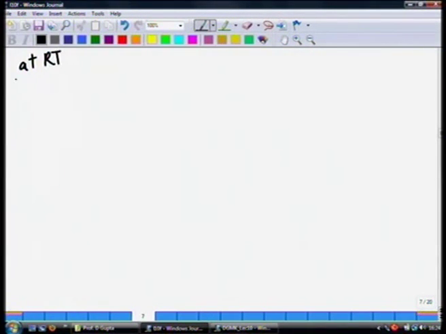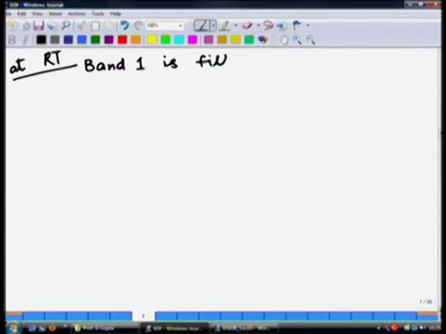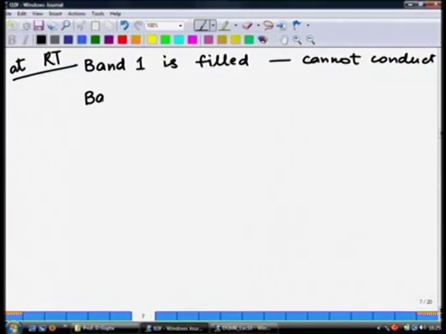At room temperature, our picture is: band 1 is completely filled, cannot conduct. That is a conclusion we already know. This cannot conduct and hence cannot contribute to current.